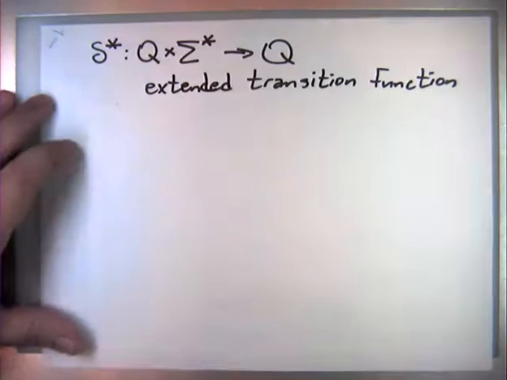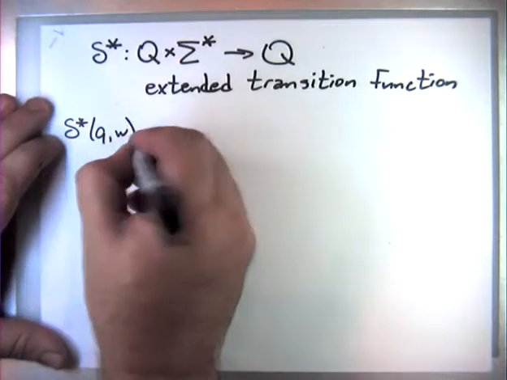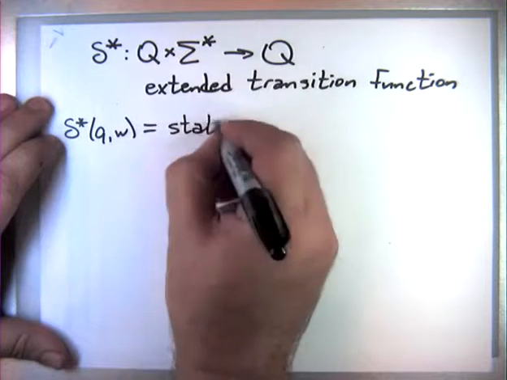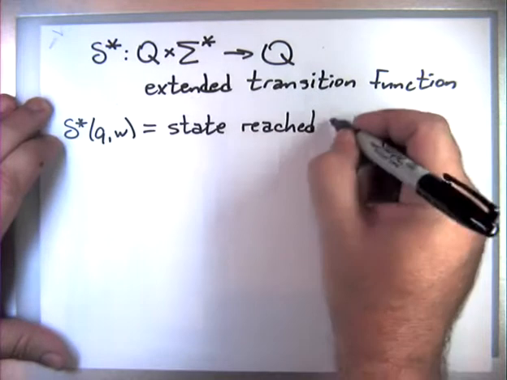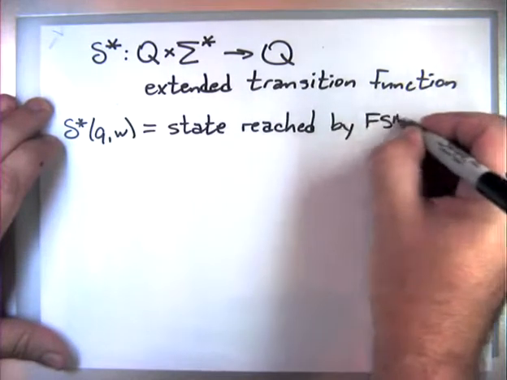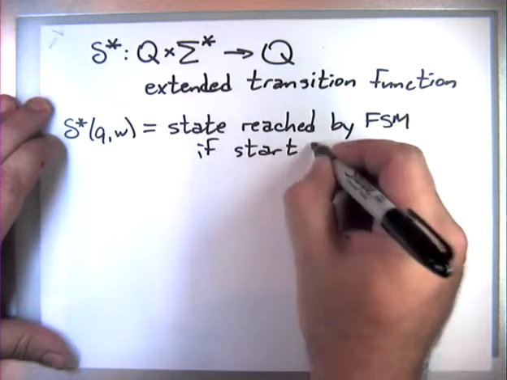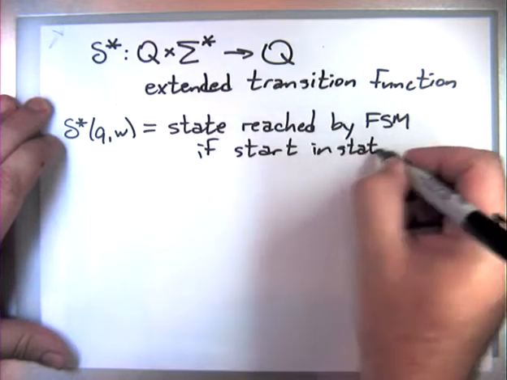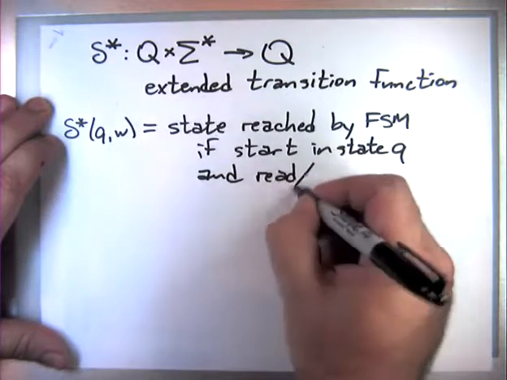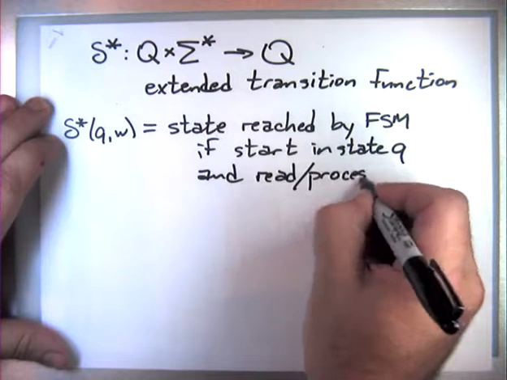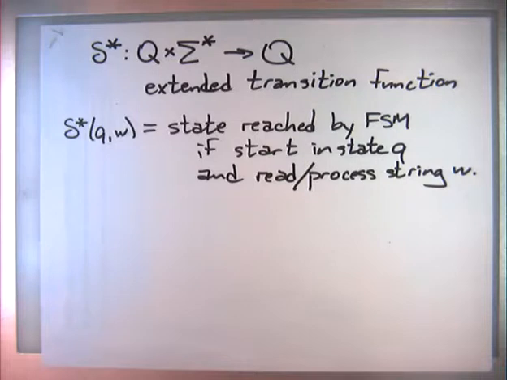And as usual, I'll specify the function in English first. So delta-star of Q and W is the state reached by my finite state machine if we start in state Q and read, process, string W. Okay?